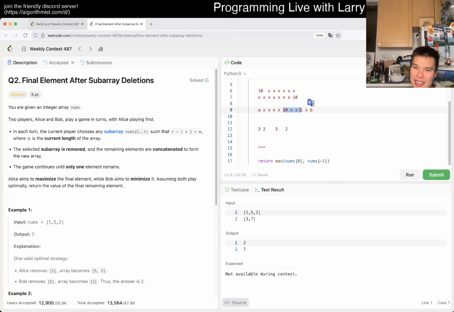Eventually, I guess the game theory will always work out so that you get to the B. Because if B is the better number, then you would just cut in, and that's suboptimal, right? Suboptimal, because Alice would not leave you a choice.